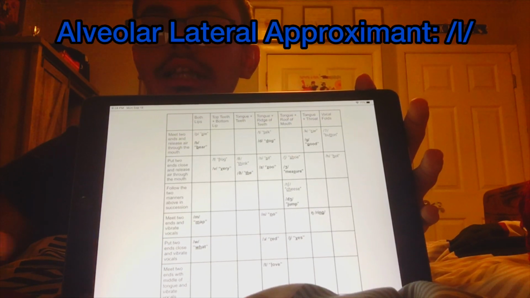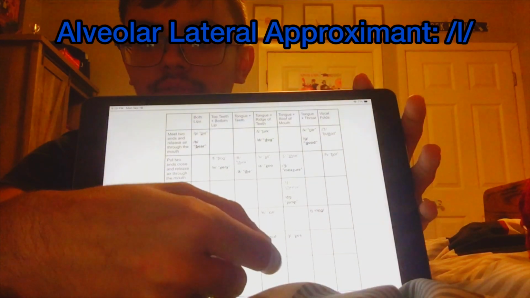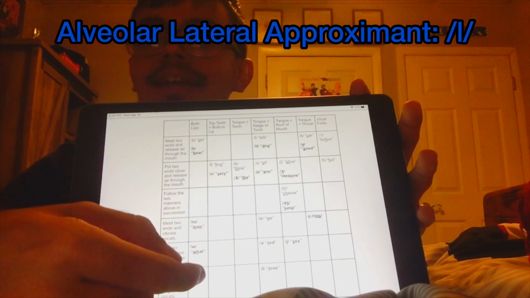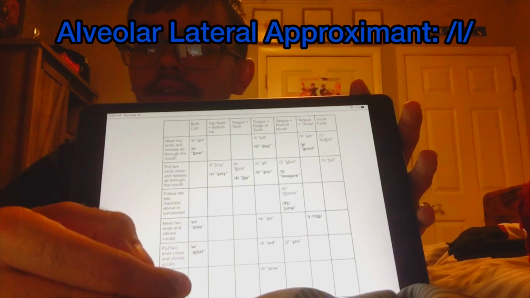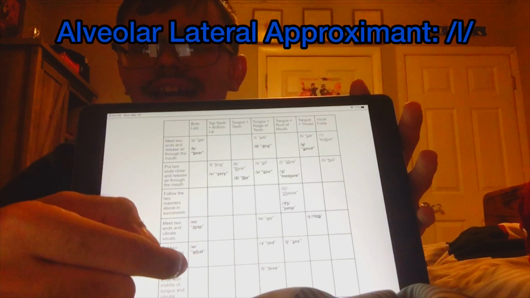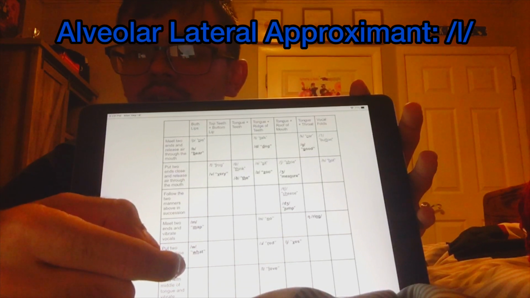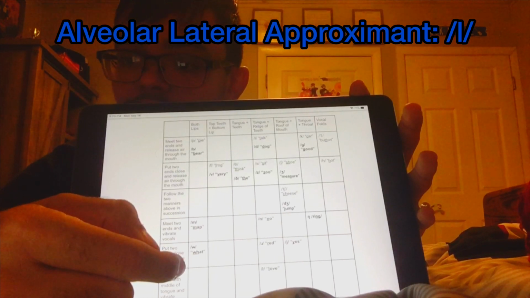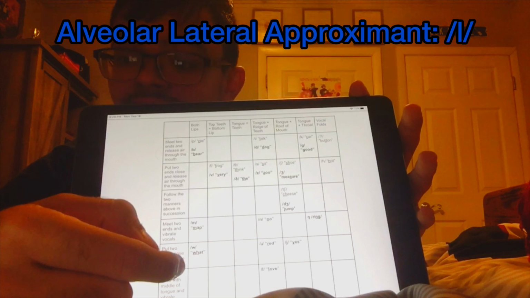Finally, we've got the l sound, as in love, down here. It's much like the r sound, except with that one, your tongue doesn't actually touch the alveolar ridge. With l, you touch it with the middle of your tongue, and only the sides of your tongue don't touch.